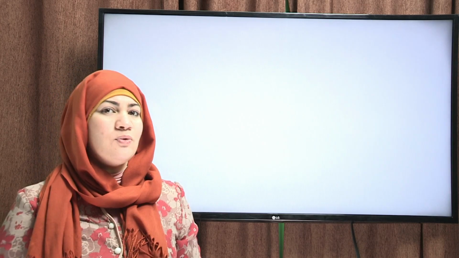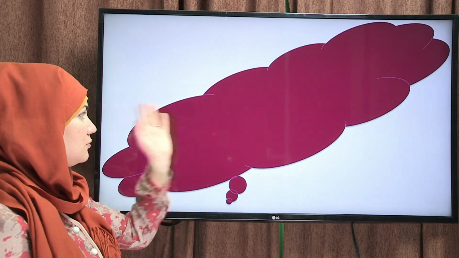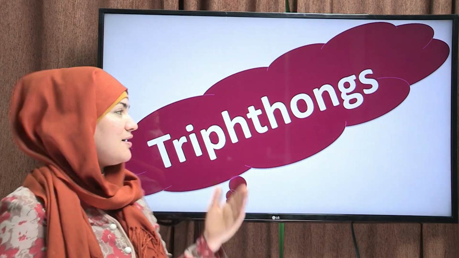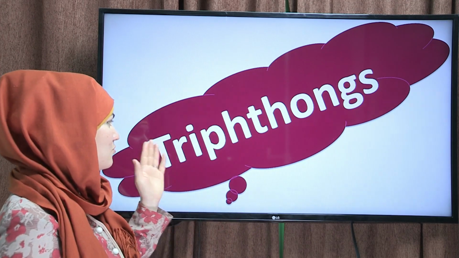Today the lesson will be about what we call triphthongs. They are called triphthongs. Like in the first unit or in the first sequence, we studied diphthongs. Today we are going to see triphthongs.